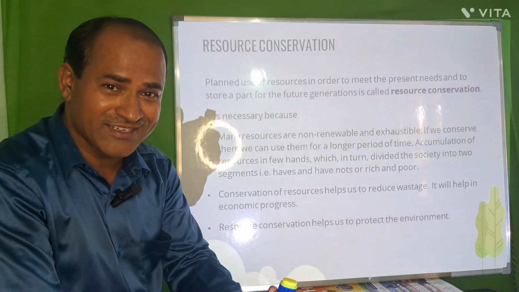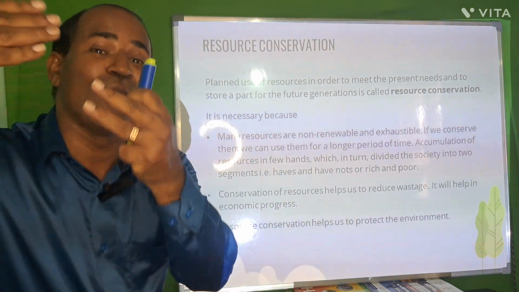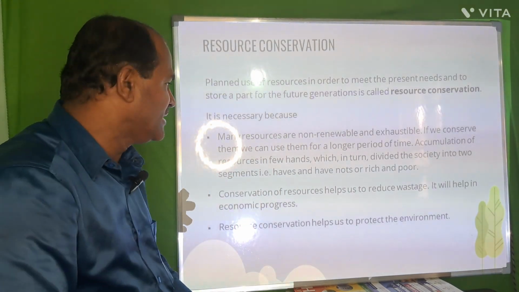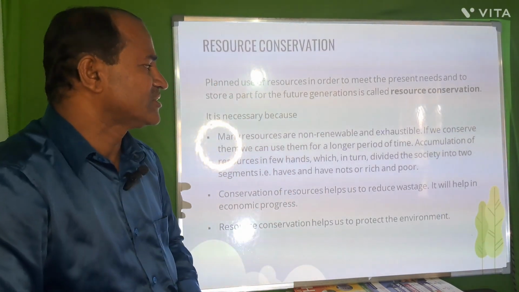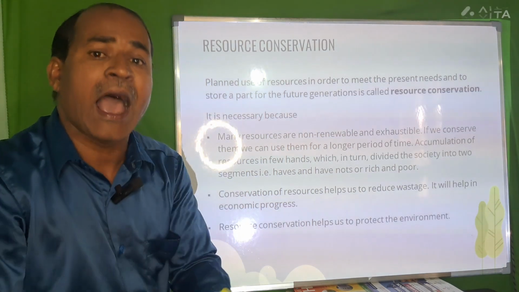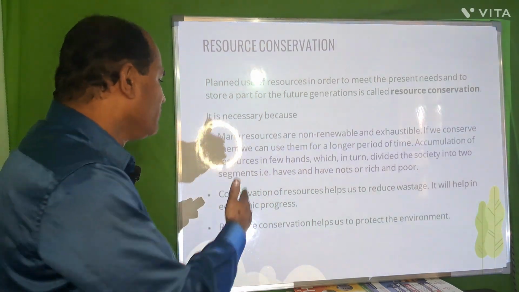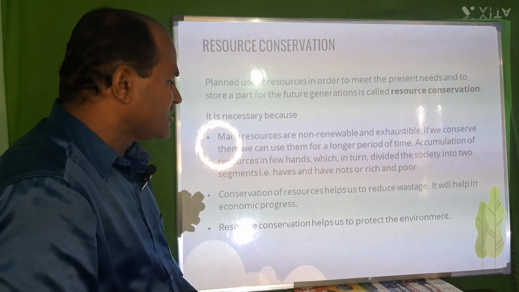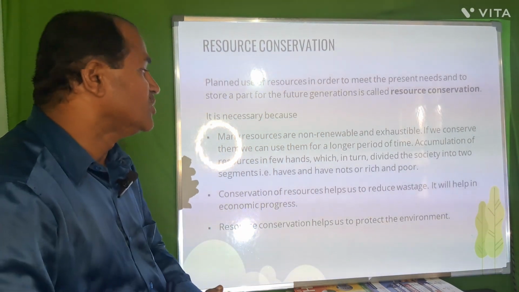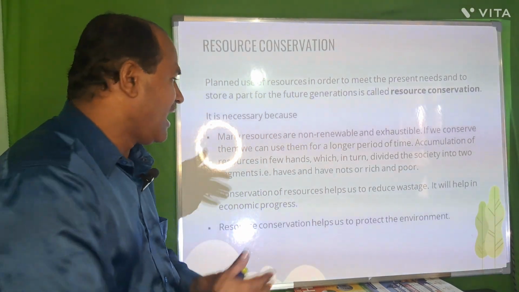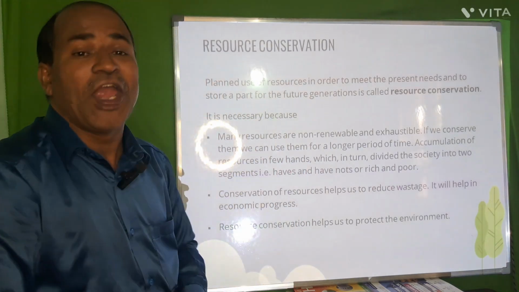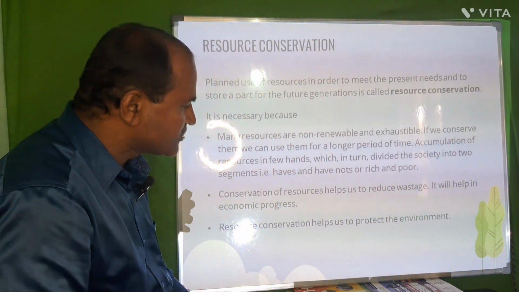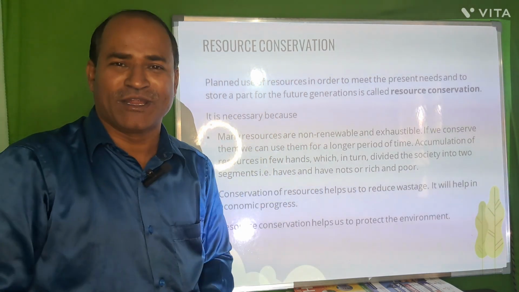Accumulation of resources in a few hands in turn divides society into haves and have-nots, that is rich and poor. Conservation of resources helps us to reduce wastage, it will help in economic progress, and resource conservation helps us to protect the environment.